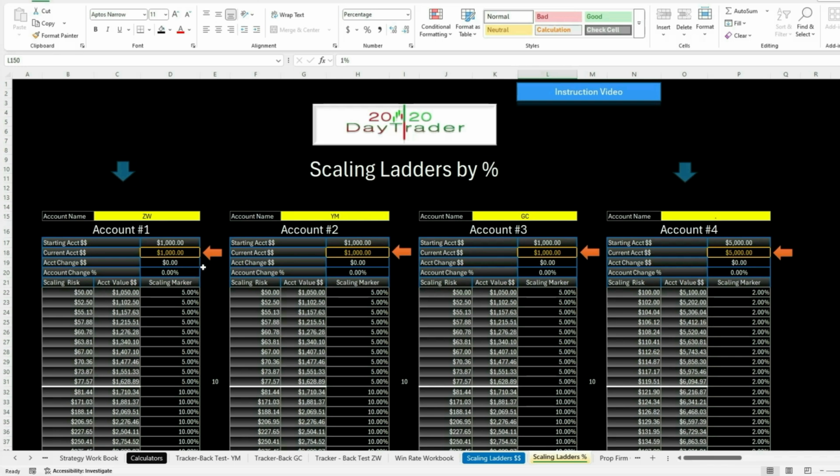I can't have 3 separate accounts, but I can divide the money up here in my scaling ladders and manage each ticker separately. So ZW is going to start with $1,000 allocated, YM will start with $1,000 allocated, and GC will start with $1,000 allocated, giving me the $3,000.